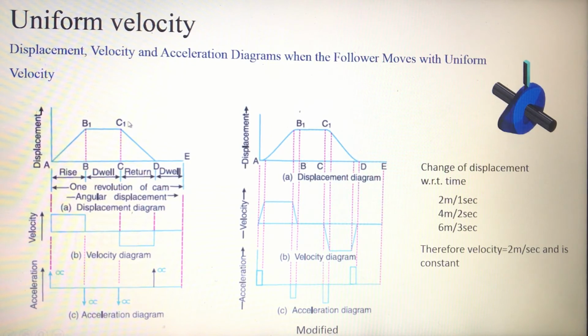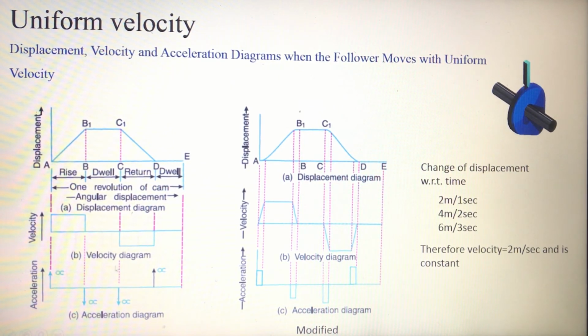Likewise while returning from C1 to D, the velocity suddenly drops to minus 10, divided by 0, and again you get infinity. Then it becomes 0 meter per second within no time, again infinity.